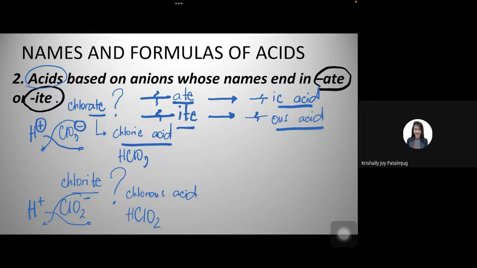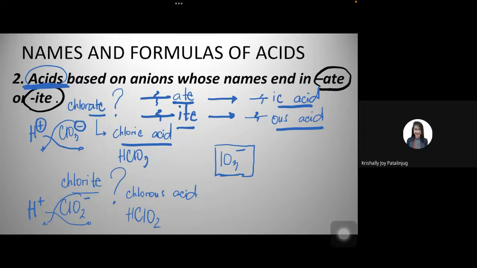Another example. This is the given; I will not name it. I believe you are familiar with this anion. My question is, what would be the name of the acid?